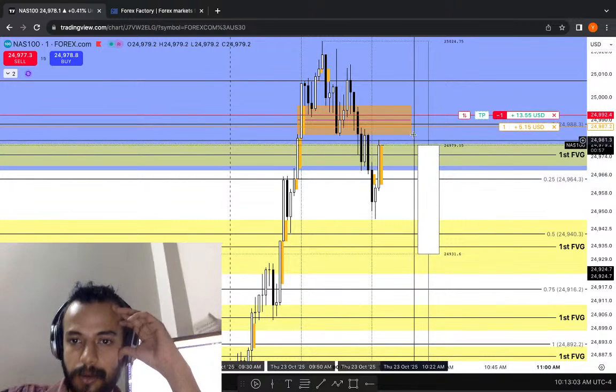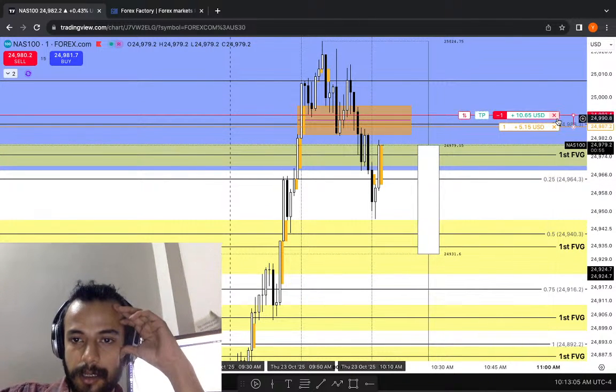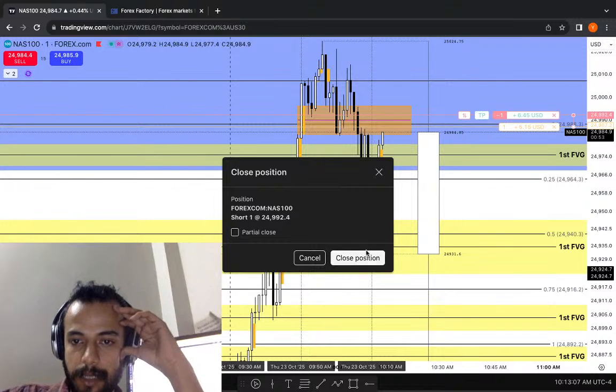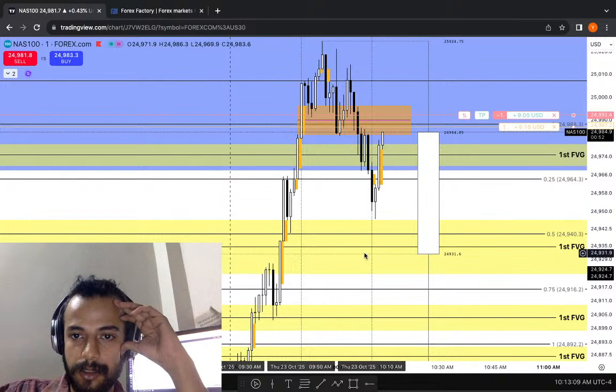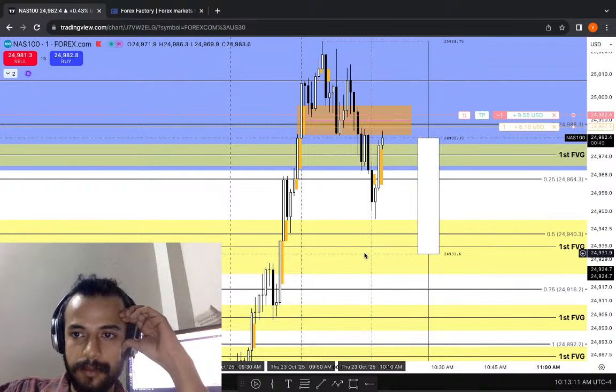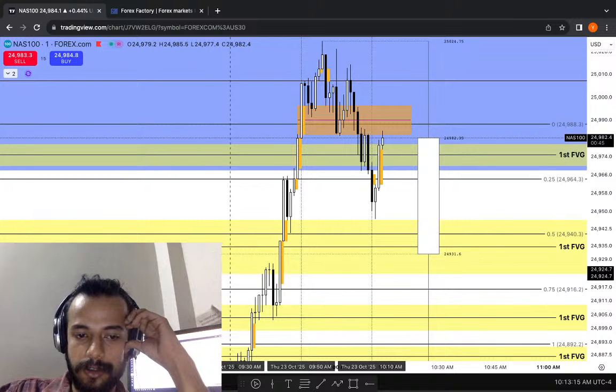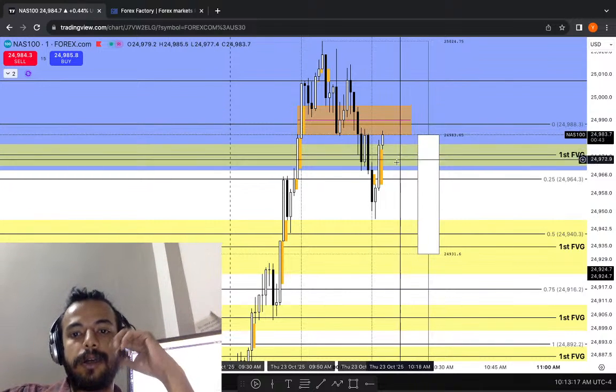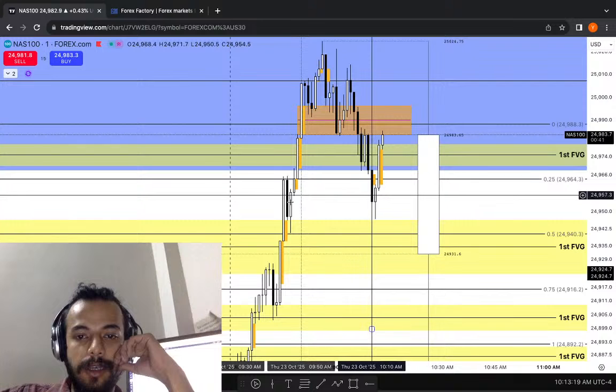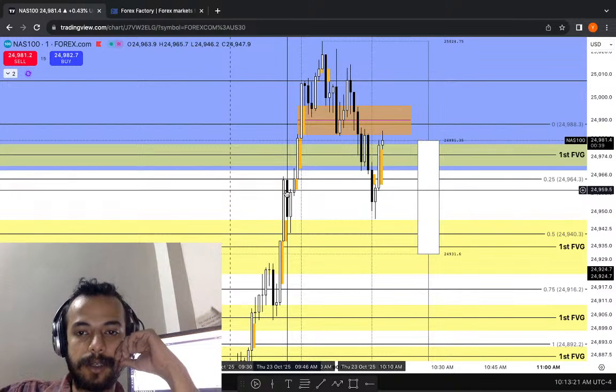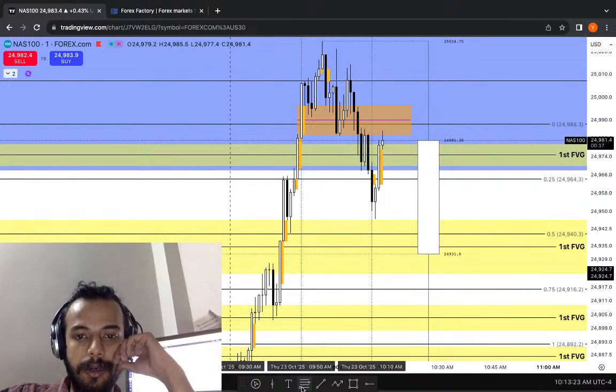Yes, now they are going for higher prices. Looks like it. So I'm going to close this. I have closed this short trade, and now as you can see they are just holding price at this down close candle.